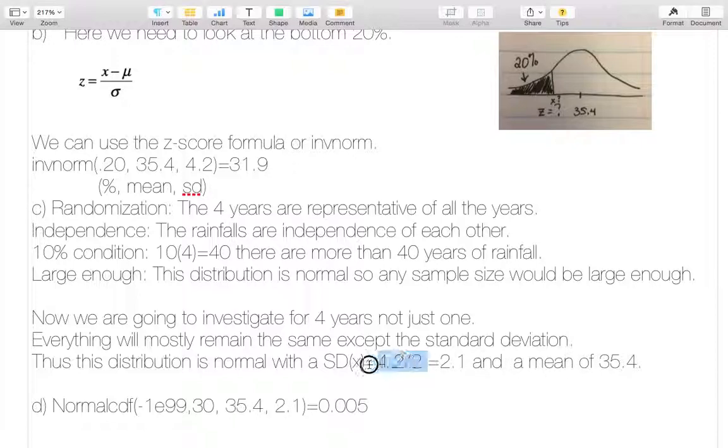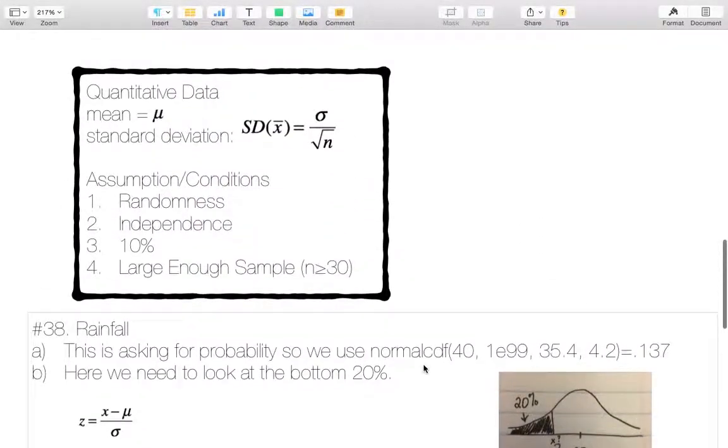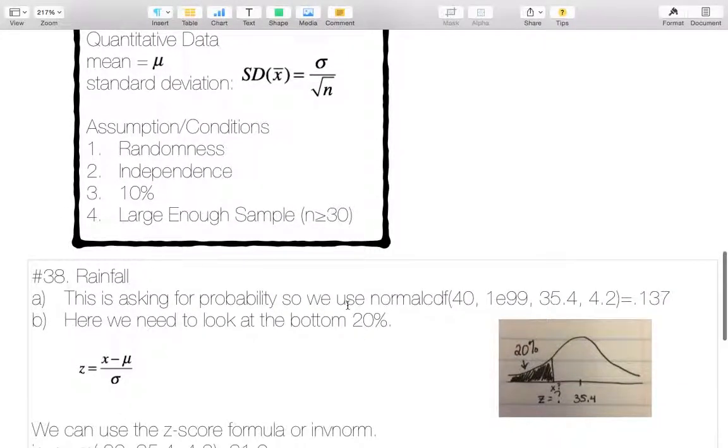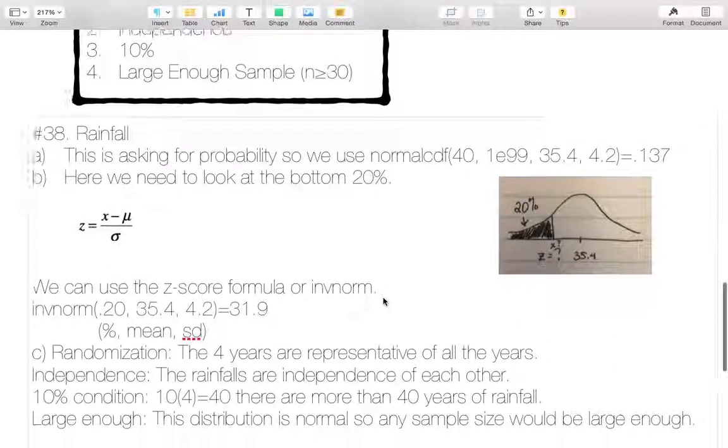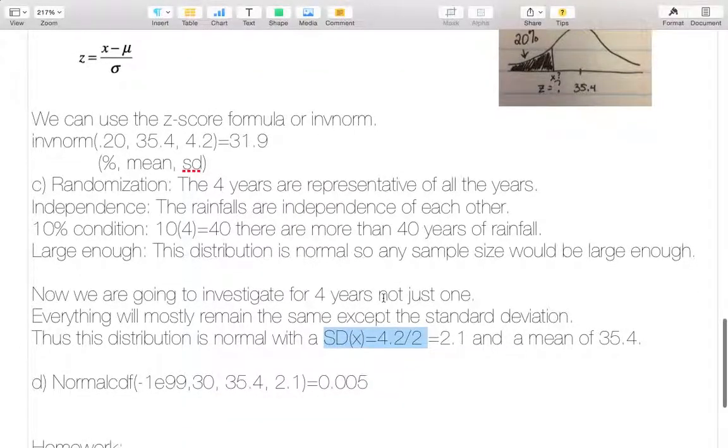And this part right here, the standard deviation of x̄, which is sigma divided by the square root of n, this is the part that everyone is going to mess up on. If we go back to the beginning, it simply asks for the probability that it happens for just 1 year. That's easy. And then I'm going to ask another question, what about for 4 years? And you're like, isn't that the same question?